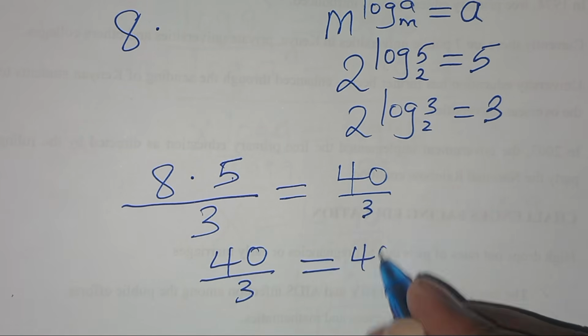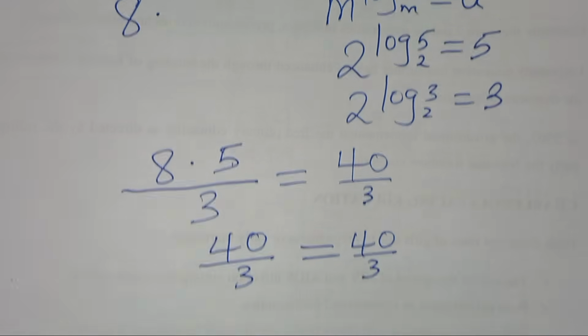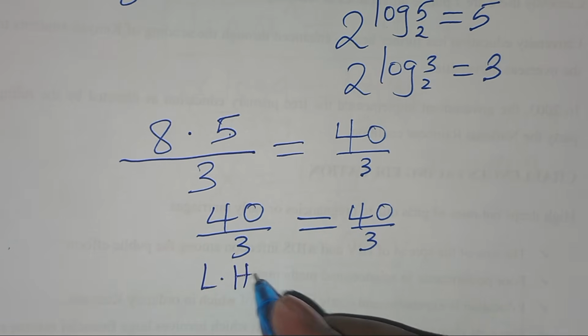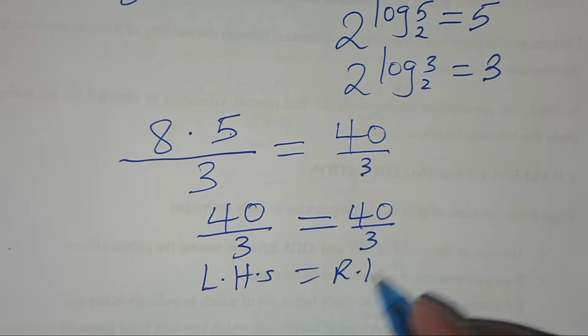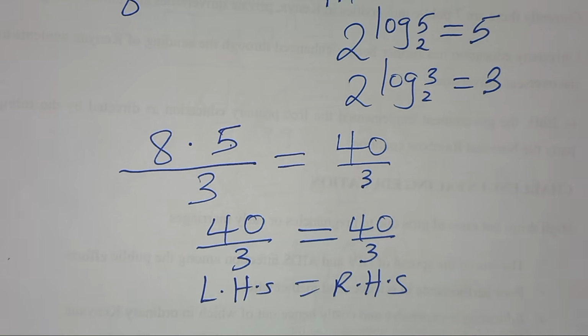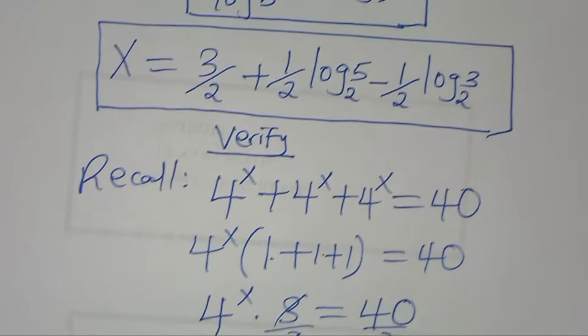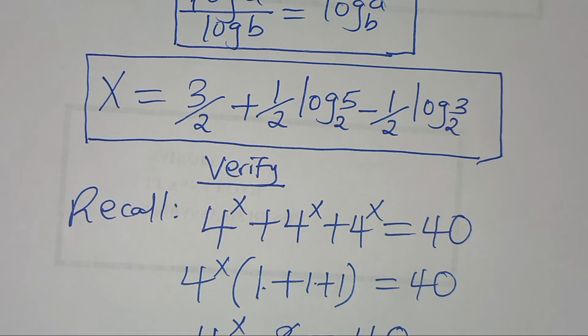And this is equal to 40 divided by 3. So that shows that the left hand side is equal to the right hand side. And that affirms that the value of x, which is basically 3 over 2 plus a half log 5 to base 2, subtract a half log 3 to base 2, actually satisfies the equation.